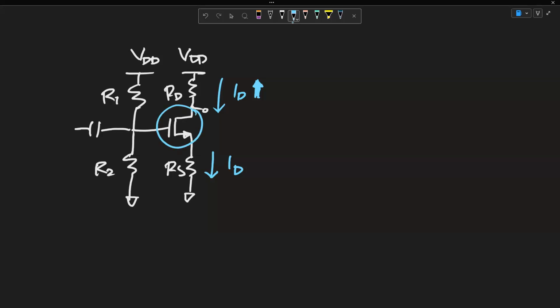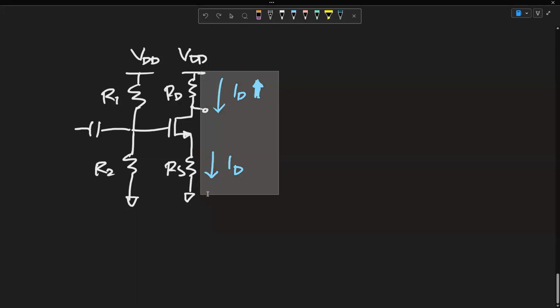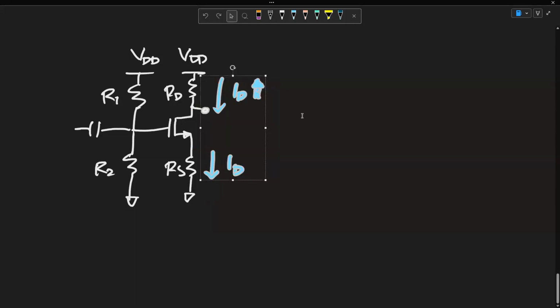This is completely decoupled, no? Some people even call this IDS. Kasi it's a drain to source current. It doesn't matter if you're looking from the source or the drain, no? It doesn't matter. You still get ID down here, no?